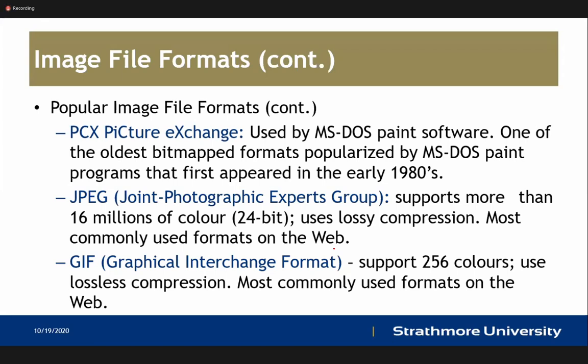The JPG supports 16 million colors. That means it's 24 bits. It uses lossy compression.